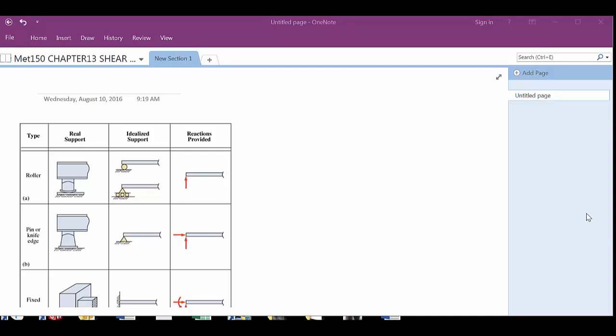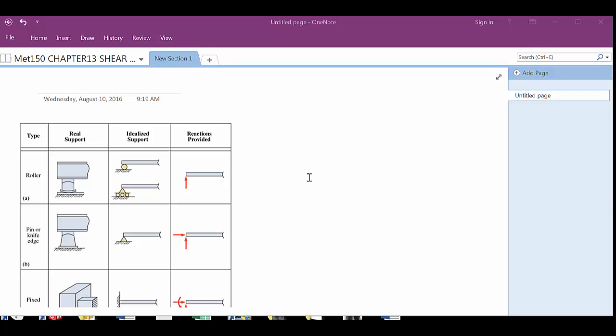The first part of this chapter, chapter 13, sections 13.1, 2, 3, are basically a review of what we did way back when. I'm not really sure why that's so, but we'll go over this real quick.